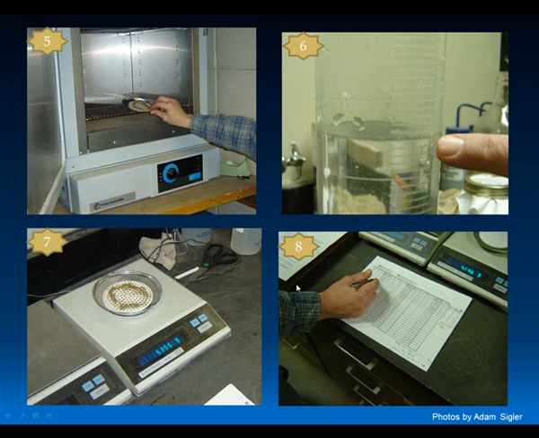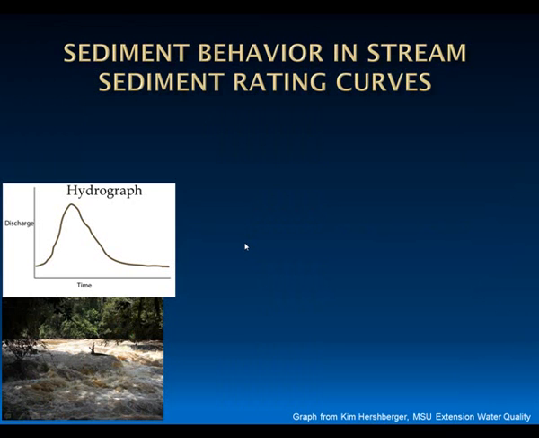So this is a pretty straightforward way to make a measurement, but it does take the time of collecting a sample, bringing it back to the lab, and running through this process. So if we come out to a stream at high flow, we expect to see the highest concentrations of sediment at high flow.